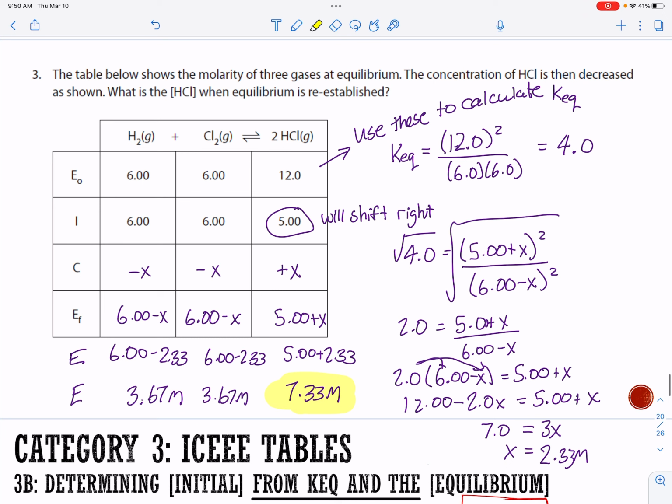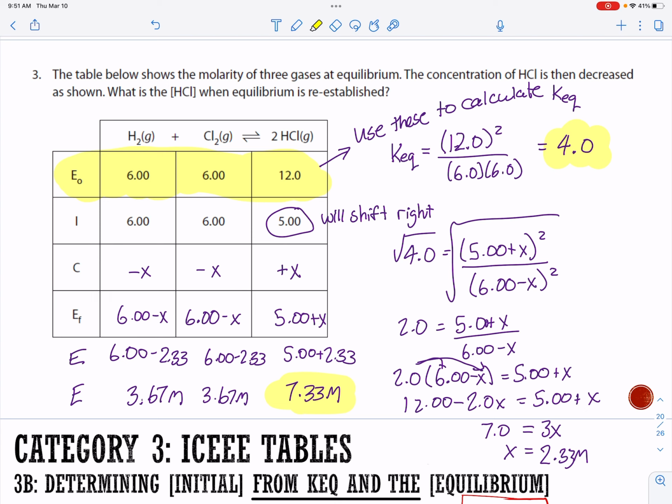With question 3, this is similar to one of the ones that we did in class where we looked at needing to calculate our KEQ before we got started. So we have this initial equilibrium. All of these can be used to calculate our KEQ. And then we're taking some of that HCl out, so that's going to shift our equilibrium. I'm going to use Le Chatelier's principle this time to tell me that if I remove some of the HCl, my equilibrium is going to shift to the right.